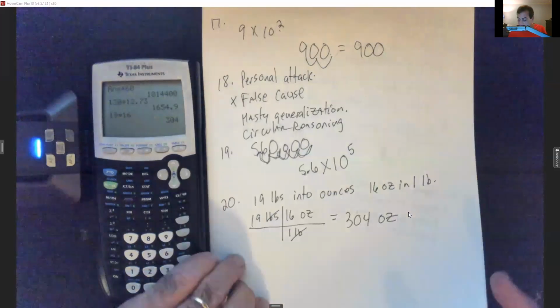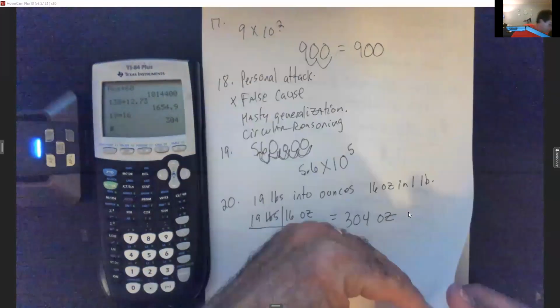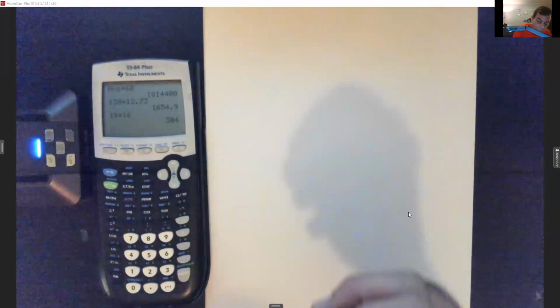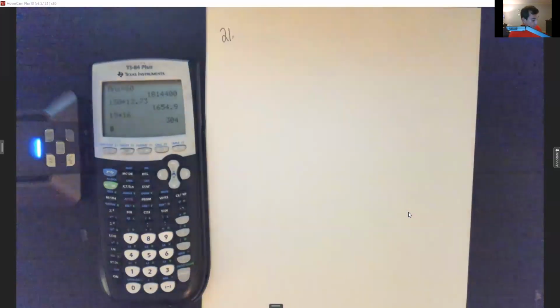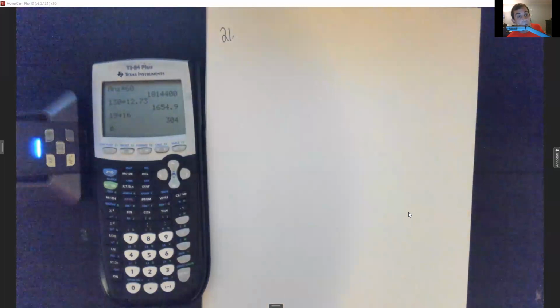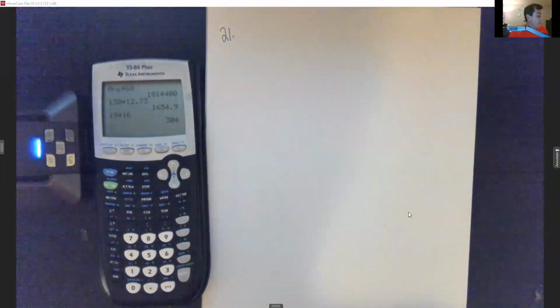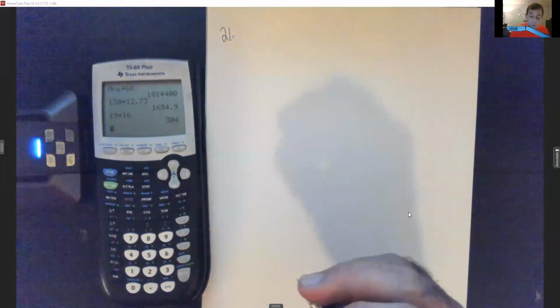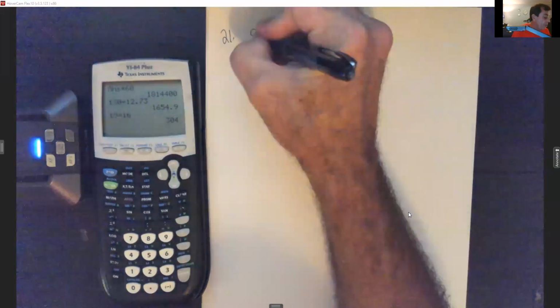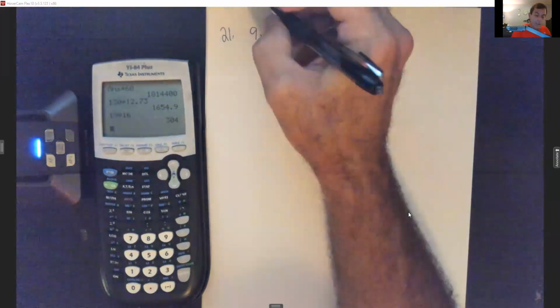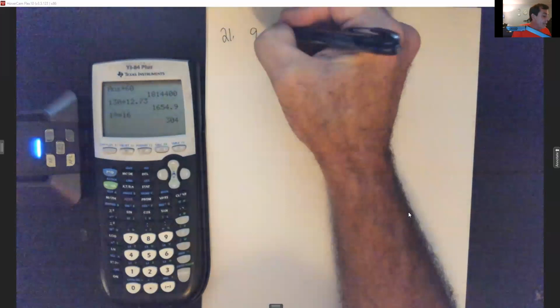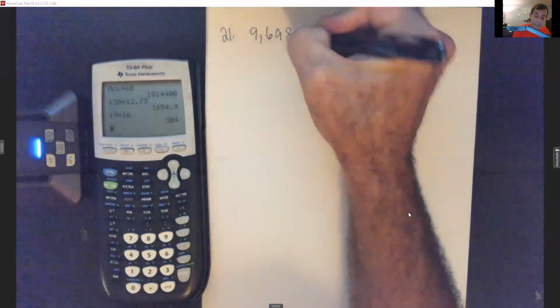All right, y'all, let me get a new page. Number 21. Write the number in scientific notation. The population of a small country is 9,698,000.